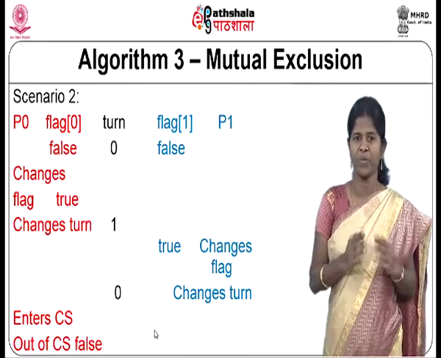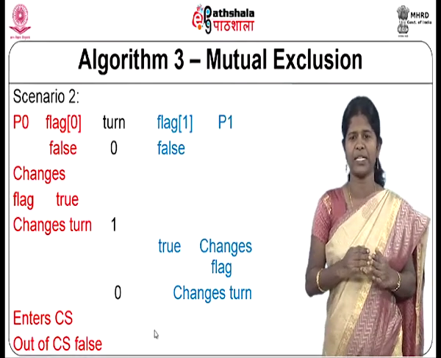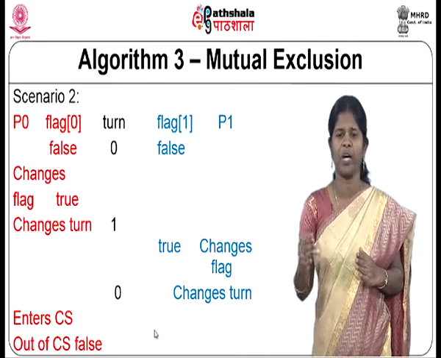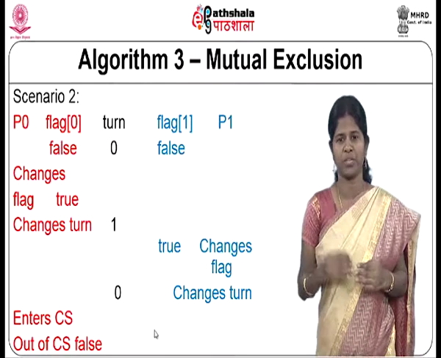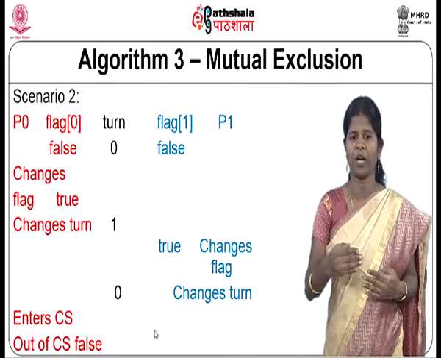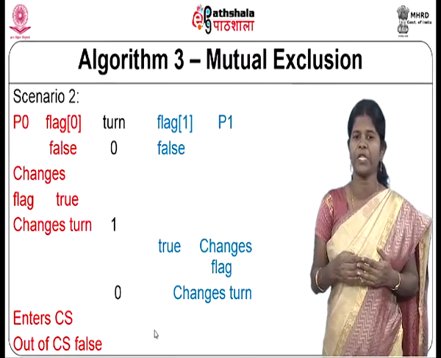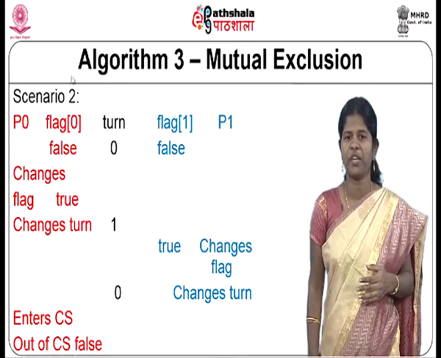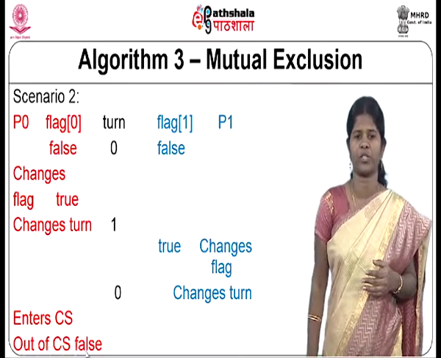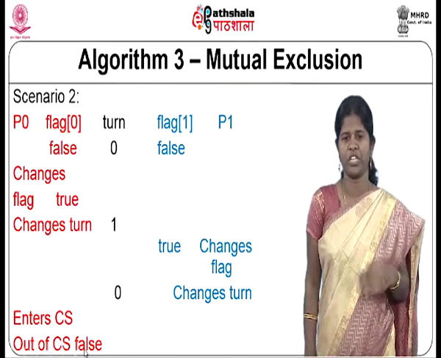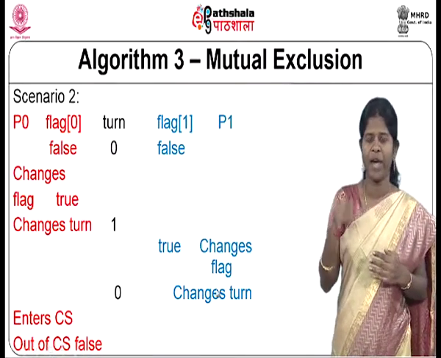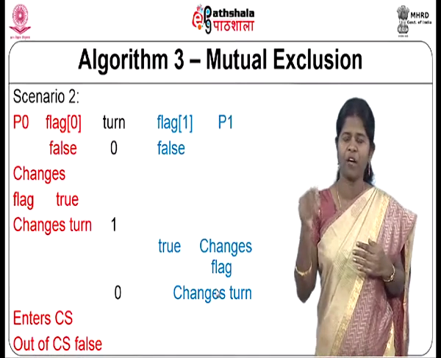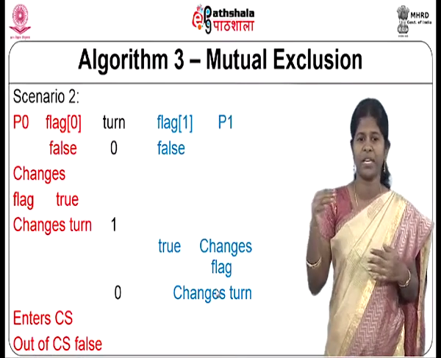So, here we see that when one process P0 is in the critical section, the other process P1 is not allowed to enter critical section, it waits, and mutual exclusion is satisfied. When P0 comes out of critical section, it changes its value flag of 0 to false. Now P1 keeps checking that while loop, while flag of j and turn is equal to j.